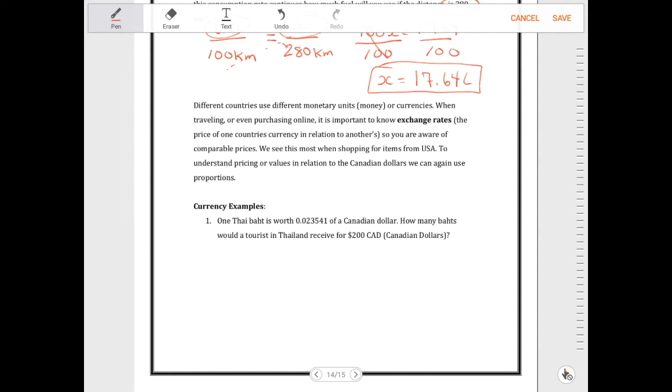So I can set that up right now. If you have one baht, and that is Thai currency, that is worth 0.023541 Canadian dollars. Usually I can put $, or I could put in brackets CAD for Canadian dollars.